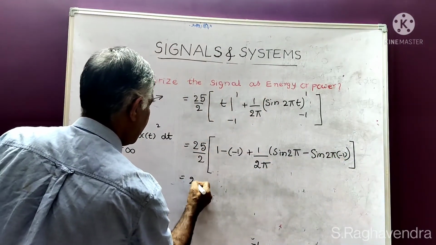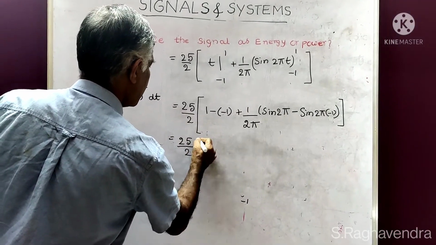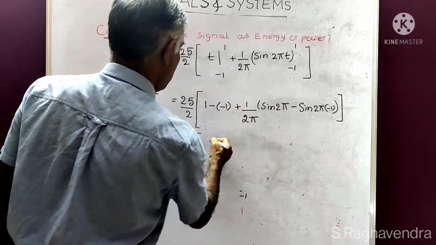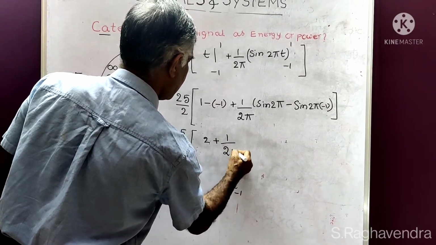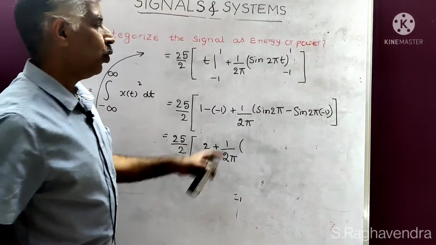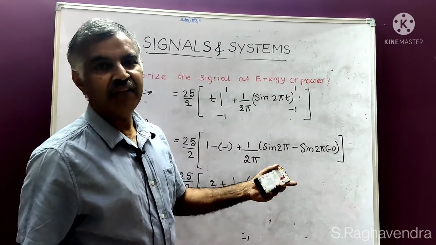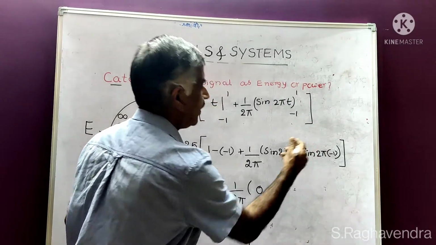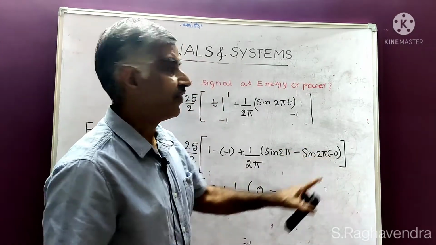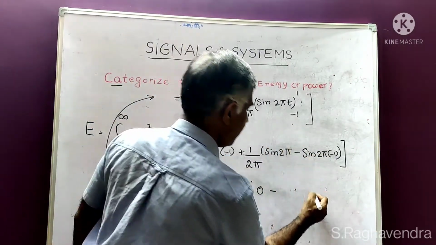We get 25 by 2 times 1 plus 1, which is 2, plus 1 by 2 pi sine 2 pi. Sine 2 pi, that is sine 360 degrees, is 0.